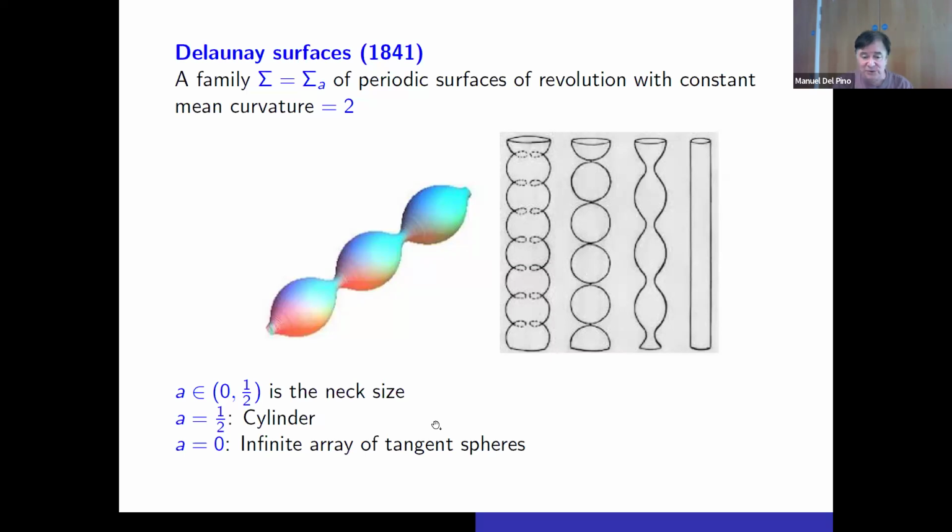So when A is equal to 0, you see the infinite array of tangent spheres. When A is equal to 1/2, you see this cylinder. And in between, you see this topological cylinder with this intestine shape.